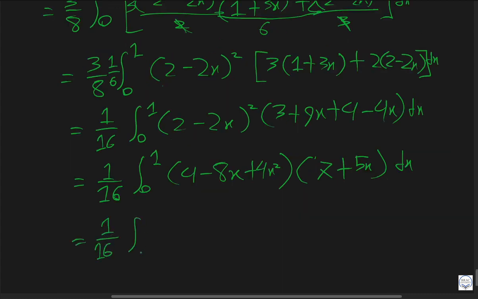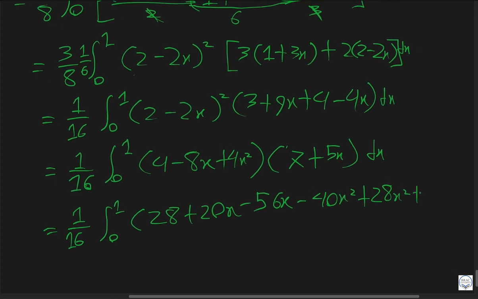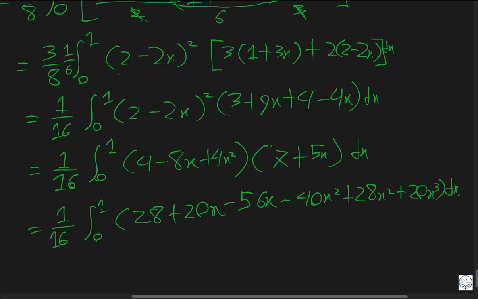Multiply it out. 4 sevens is 28. 4 into 5 is 20, plus 20 minus 56x. 8 into 5 is 40, so minus 40x squared plus 28x squared plus 20x cubed dx.